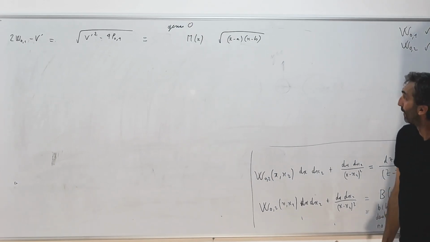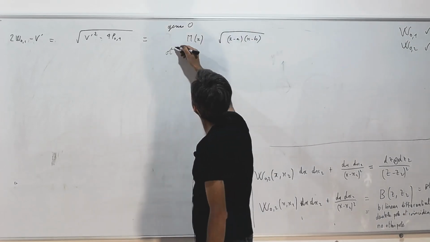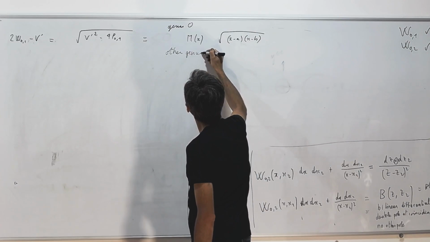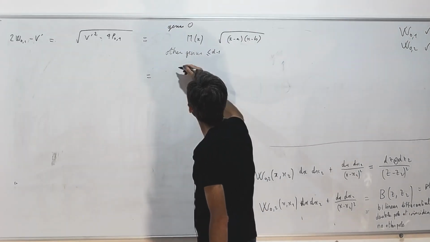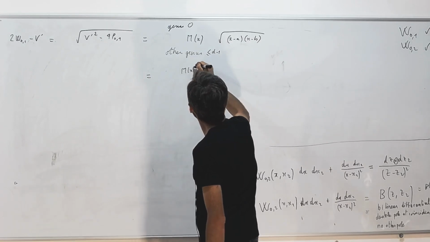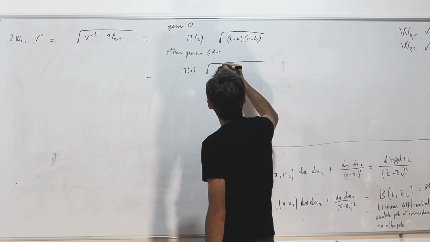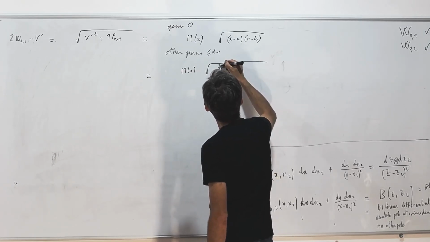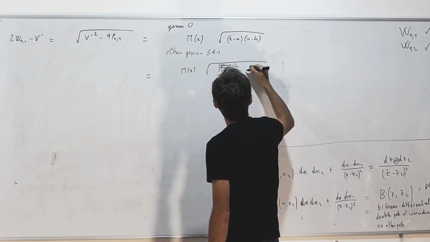I just want to illustrate. So in general, for higher order genus, that would be less or equal to d minus 1, we would have something like still an m of x, but a square root of the product from i equals 1 to 2 times the genus plus 2 of x minus ai.